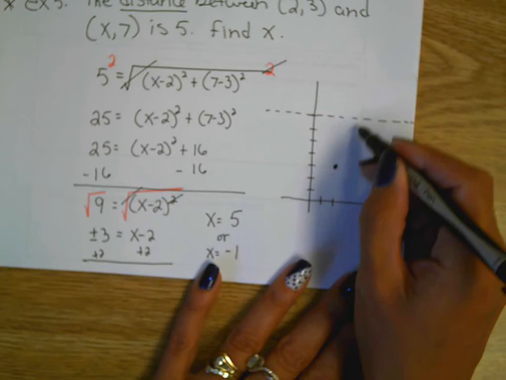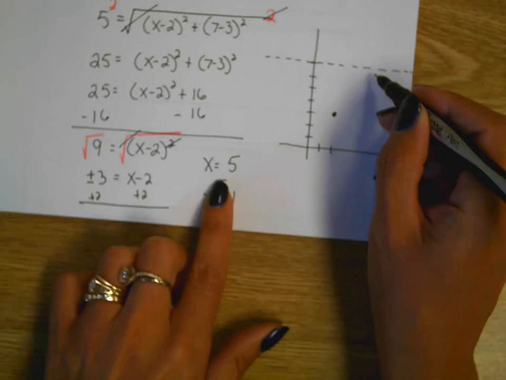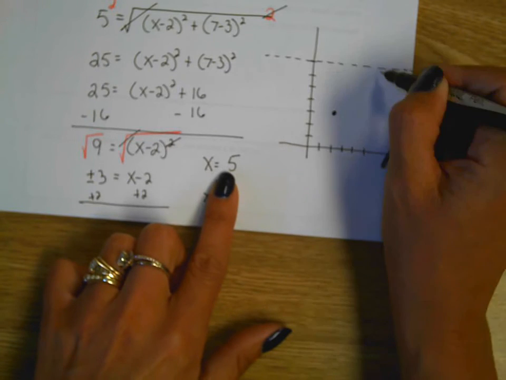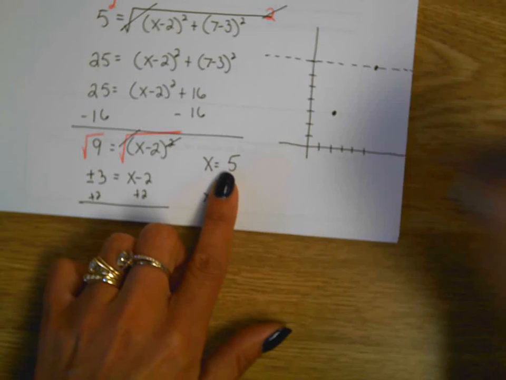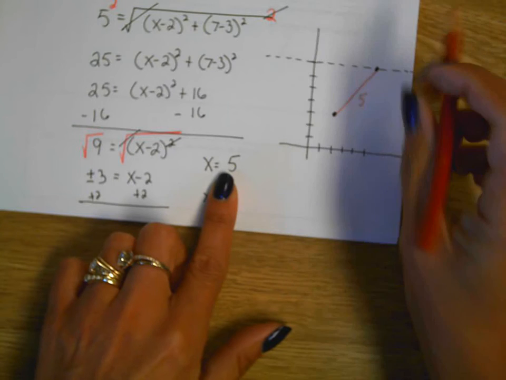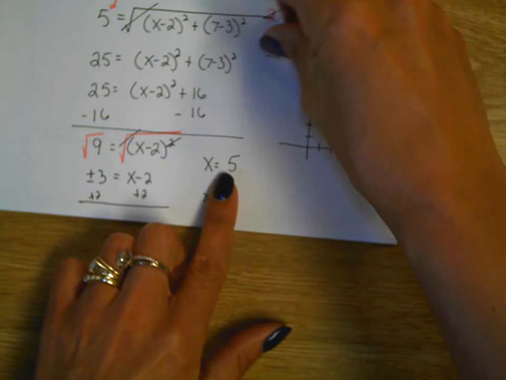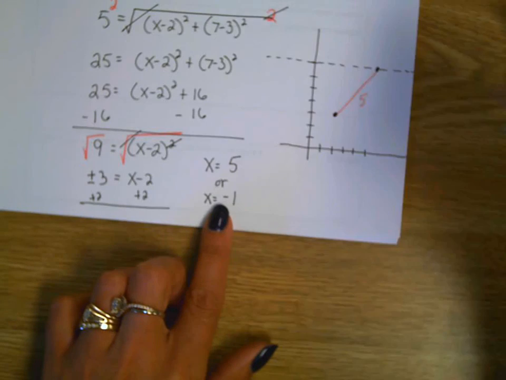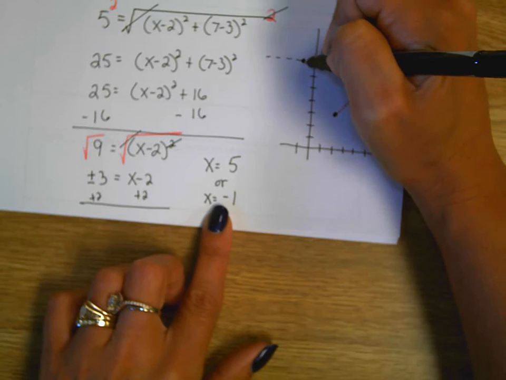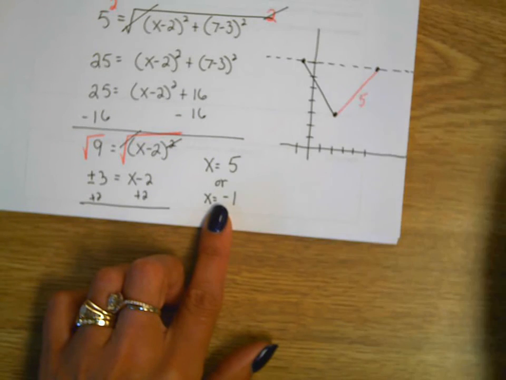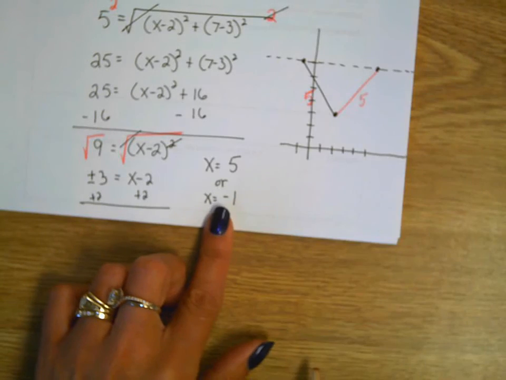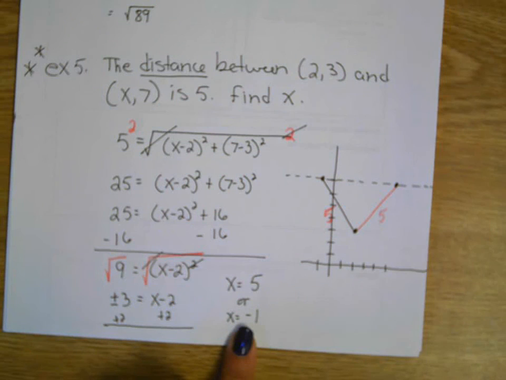Where was it going to be 5 units away? Well, we found one of them had an x value of 5. Over 5, up 7. That was a distance of 5. But then if you swing that over, there was that second one over here at negative 1, 7. That was also 5 units away. So there were 2 spots that accomplished what this was asking.